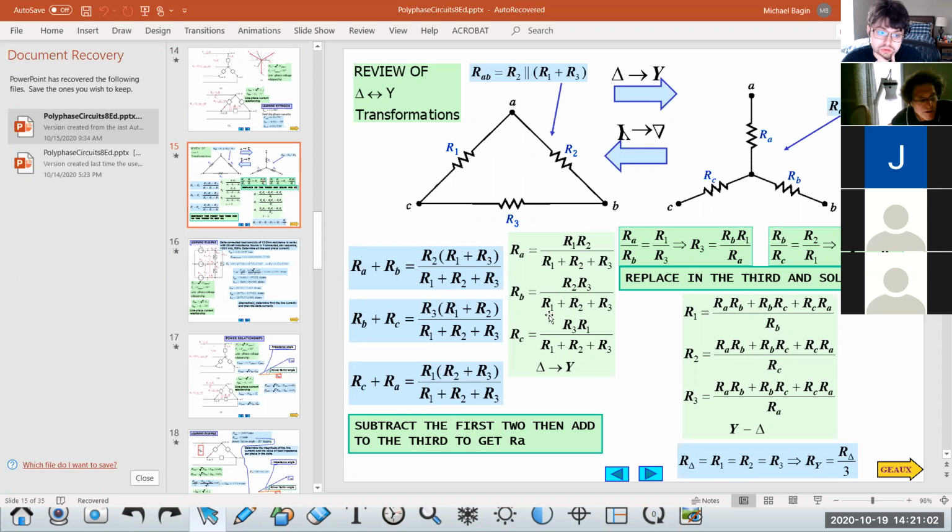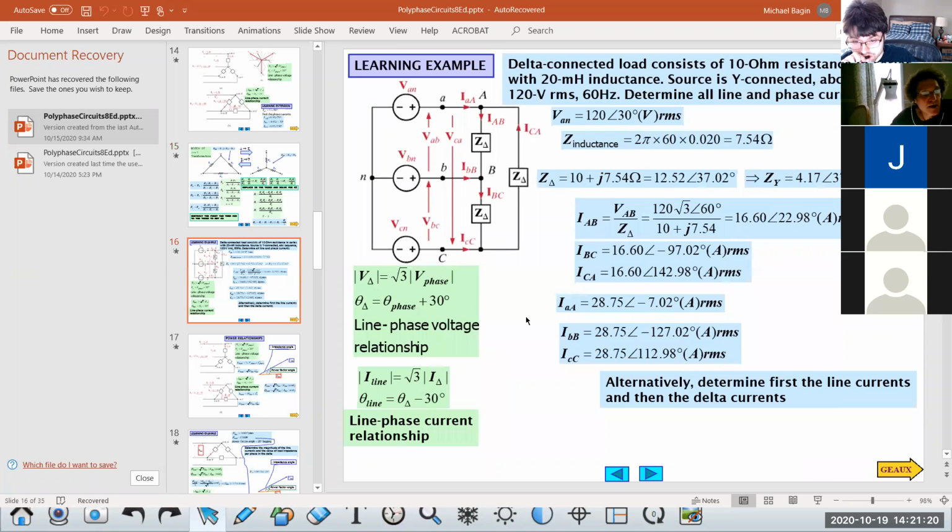You remember I said show the equivalence, and he does it right here. He comes down to R_Y is R delta over 3. Really, it's Z delta over 3 is equal to Z_Y. Can you all see this, class? Yeah. That's the thing I was doing. And this is a delta to Y configuration. He's just showing you.